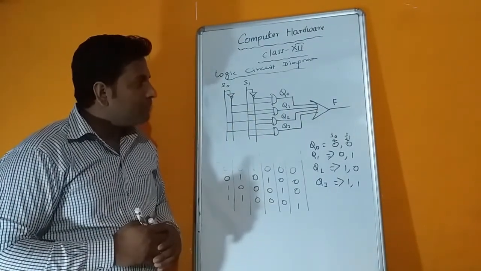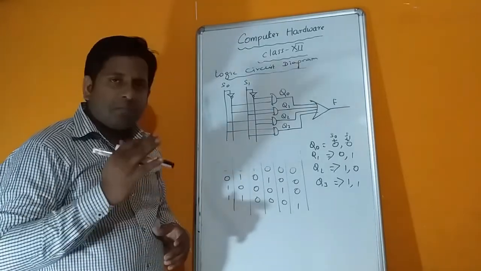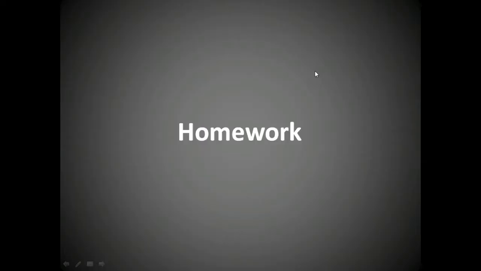So is this clear children? So understood what is multiplexer and decoder? So children, today I have taught you what is decoder, how the signals are converted. Same way multiplexer, what is the use of multiplexer. So adder, encoder, decoder, multiplexer, these are the application of logic gates, and it's very important also.